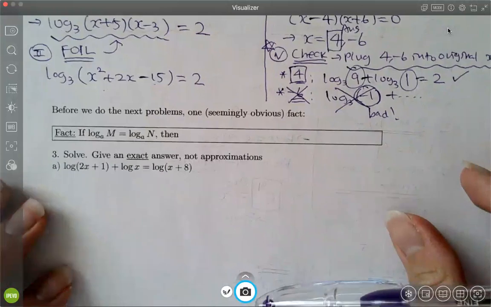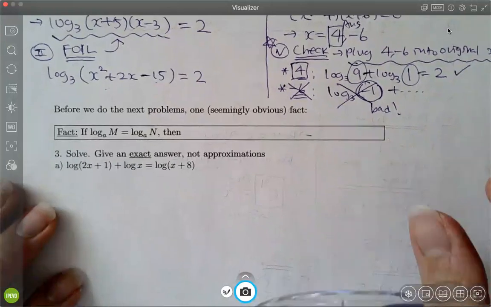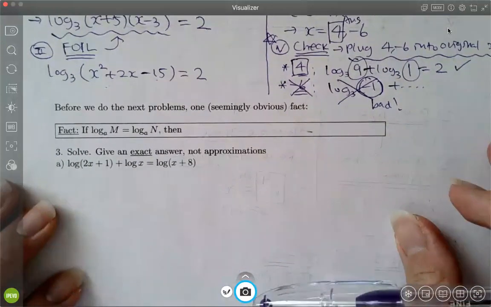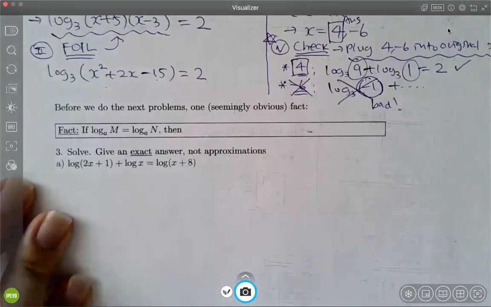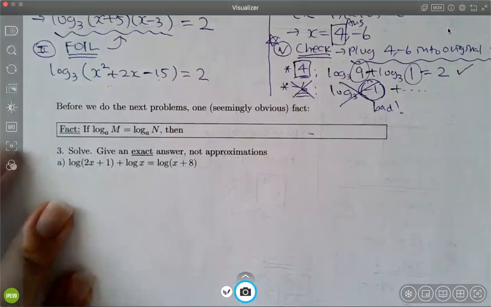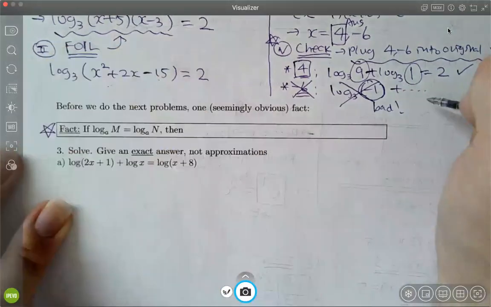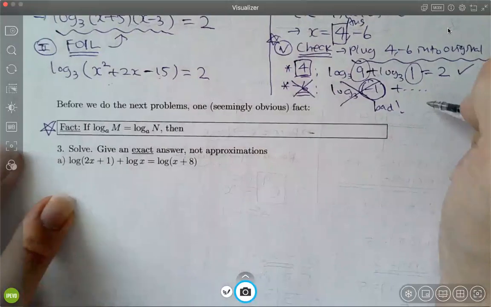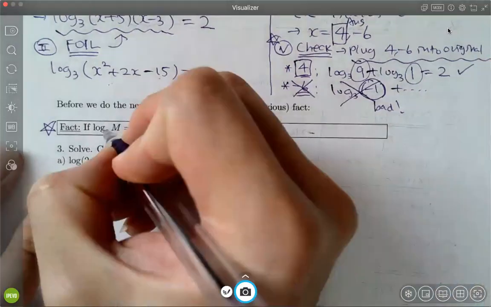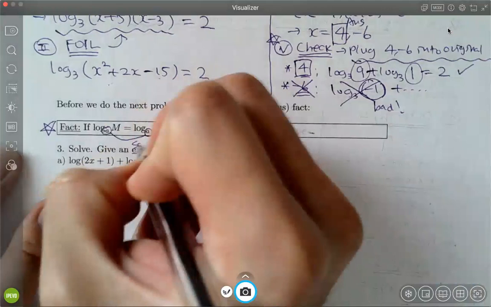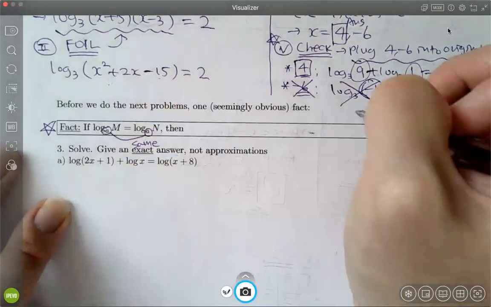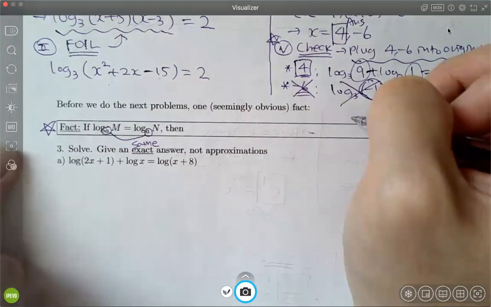Okay, so now, before we do the next set of problems, let's do this fact first, which looks quite obvious. So log base a of M is equal to log base a of N. Okay, so here the two bases are the same. Now, what do you want to do before I tell you the conclusion?